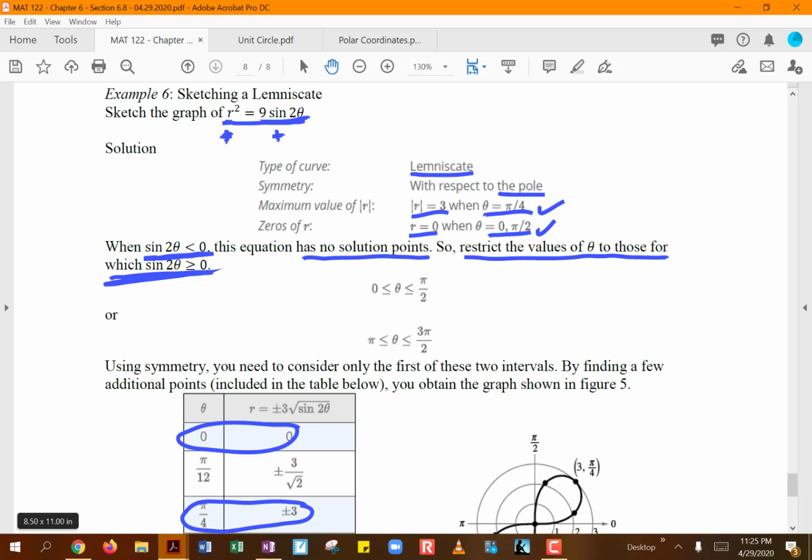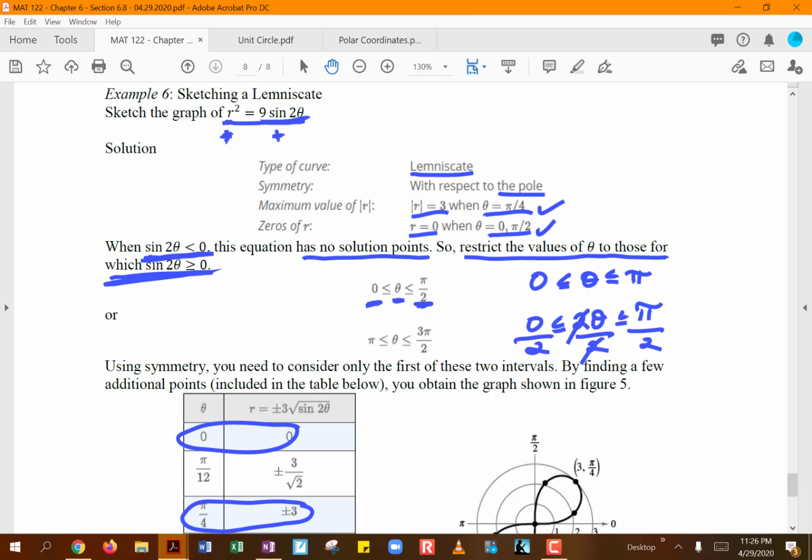So that means if our sine function is positive for theta values which are between 0 and pi, if we translate that to our function of 2 theta over here, and we go ahead and divide all 3 sides by 2, you end up getting 0 divided by 2 is 0, 2 theta divided by 2 is theta, and then pi divided by 2 is pi half.